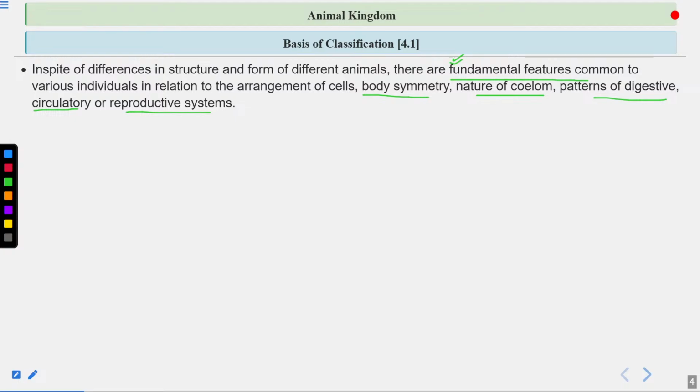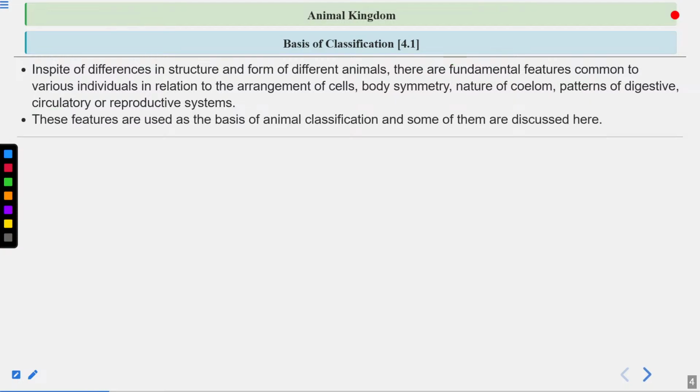Not only the fundamental features, there are some specific features also. So we will study one by one what the fundamental features are and what the specific features of a particular phylum are, right? So today we are going to study one phylum, that is Porifera. There I will tell you what the specific features are.